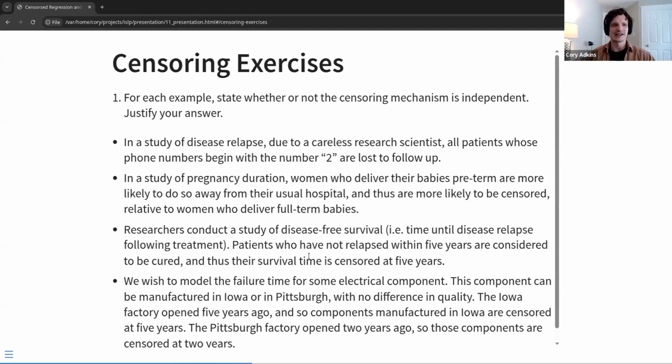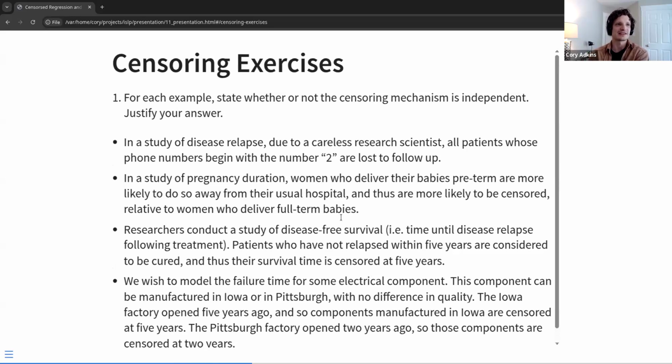You could use different combinations of covariates, but they did ask these questions at the end about whether these different scenarios met that assumption. And I wasn't sure about the last one in particular, but I could just wing through the first three.